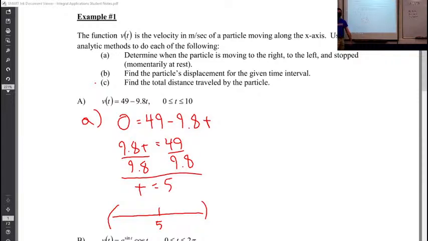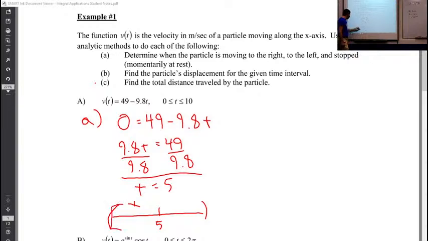Pick a point to the left of 5. That is not to the left of 5. Between 0 and 10, anything between 0 and 5. Let's take 1. Pretty easy to plug in 1. 49 minus 9.8. That's positive. And then to the right of 5. 100. Not quite as positive. Our right end point is 10.